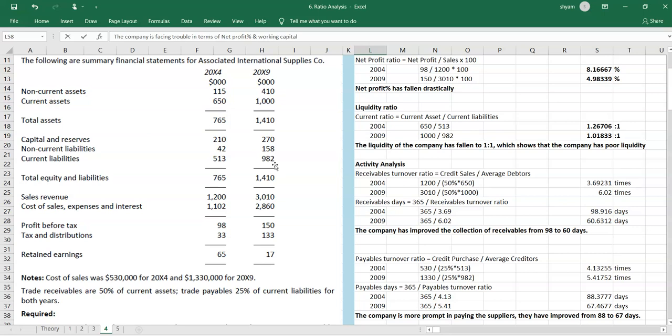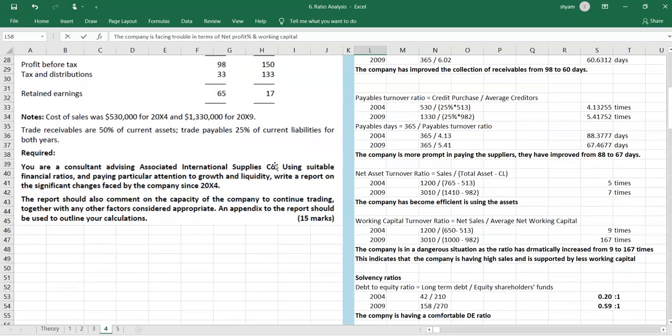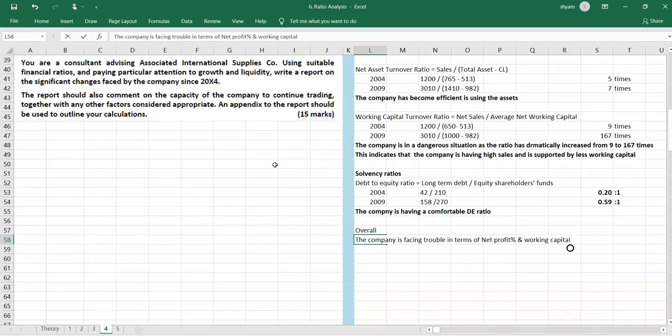So the culprit seems to be the current liability, right? And for working capital, the company should issue debt or equity and reduce the current liability. Okay, so that's what they have to do.